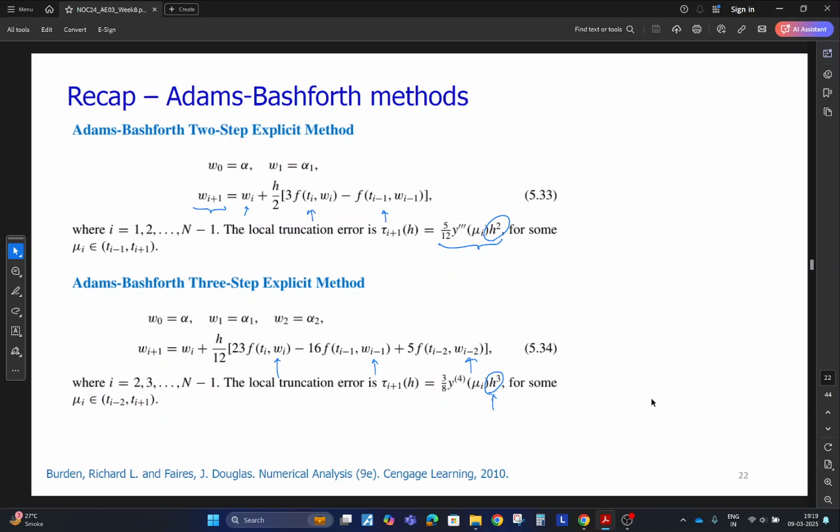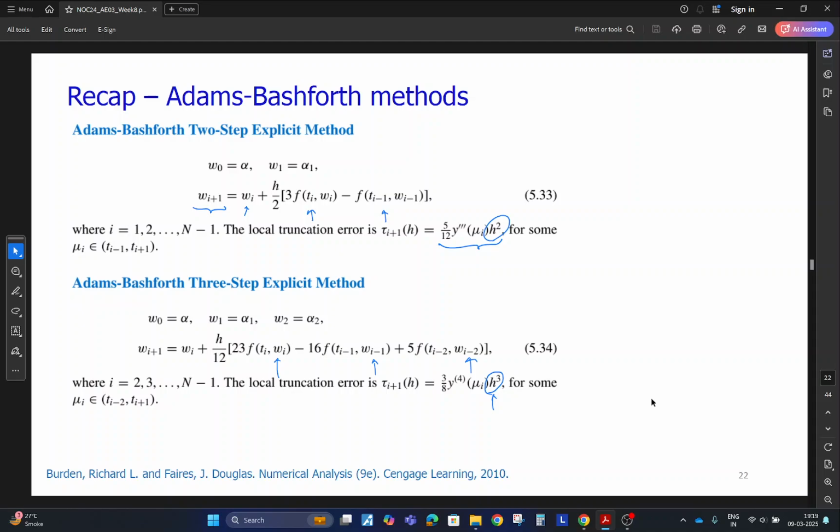The local truncation error is given by 5 by 12 times the third derivative of y evaluated at mu i, times h square, for some mu i belonging to the open interval ti minus 1, ti plus 1.